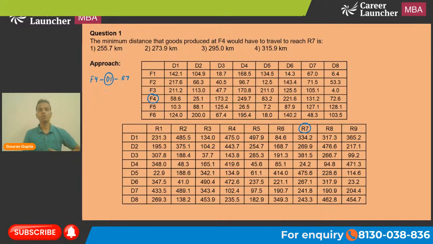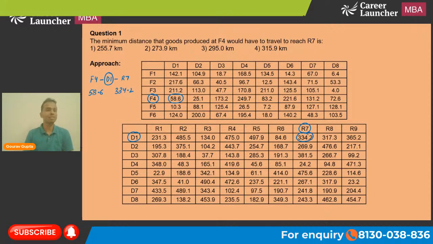The only thing we'll have to do here is minimize the distance. If I use depot 1, F4 to depot 1, the distance is 58.6. Then from D1 up till R7, the distance is 334.2.